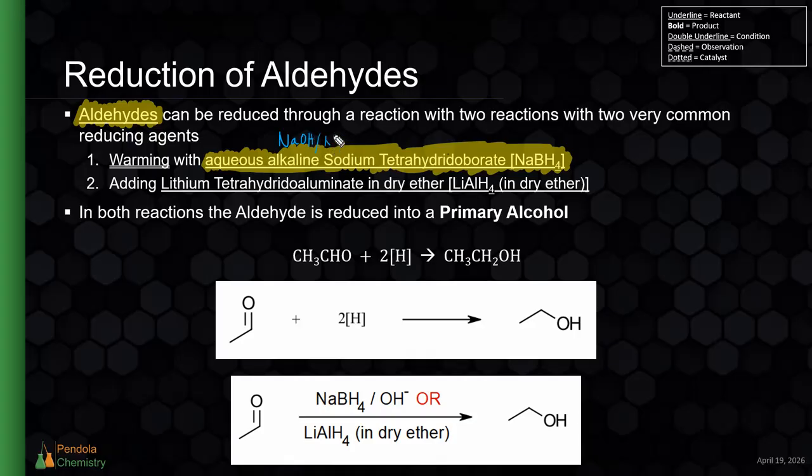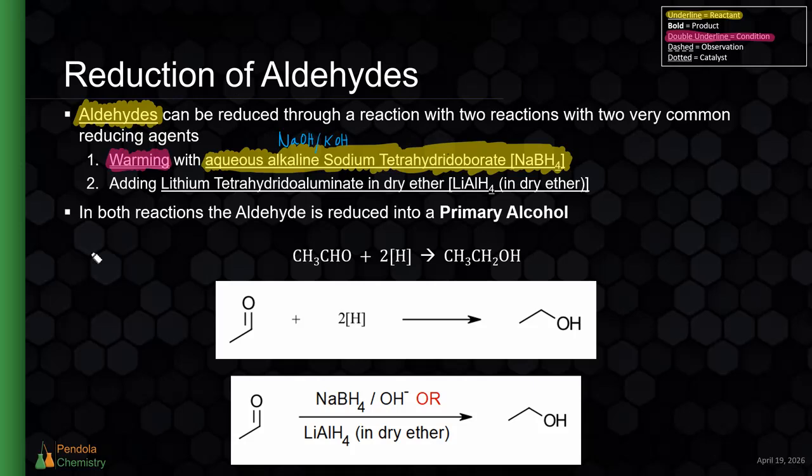So if we use alkaline sodium tetrahydroborate, NaBH4, in water, and we warm it with our aldehyde, we are going to get a solution of primary alcohols out of it. So warming is our condition, and our reactants would be aldehydes with alkaline aqueous sodium tetrahydroborate, NaBH4.